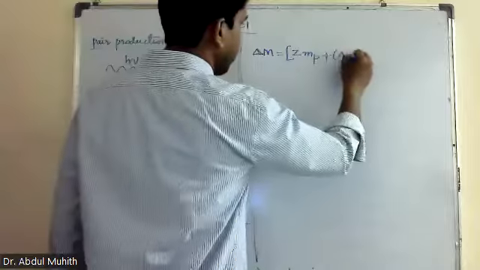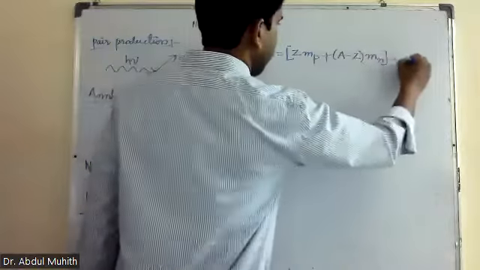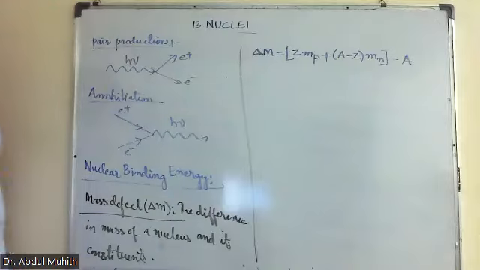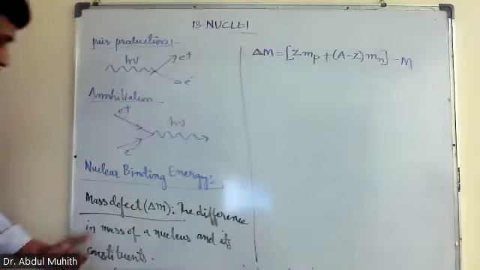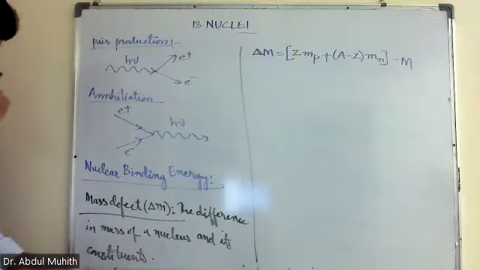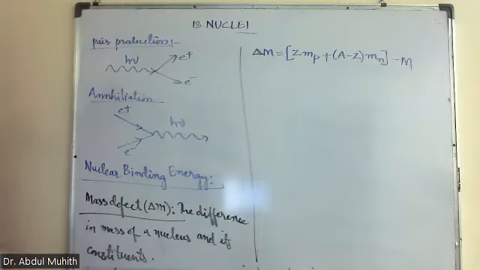How do we calculate the number of neutrons? A minus Z, into Mn, minus the actual atomic mass. Or we write it as capital N. Here the difference between the mass of a nucleus and its constituents is known as mass defect. This is the way we calculate the mass defect.